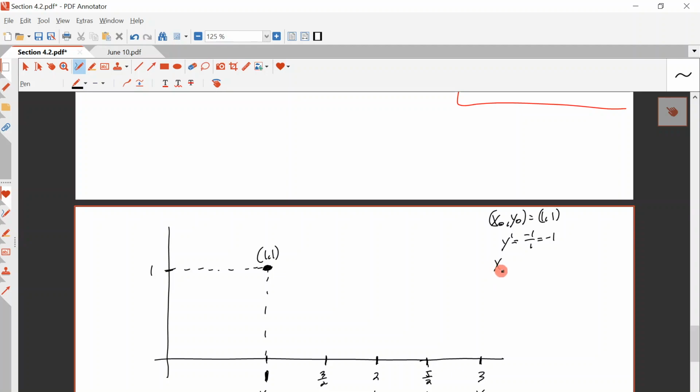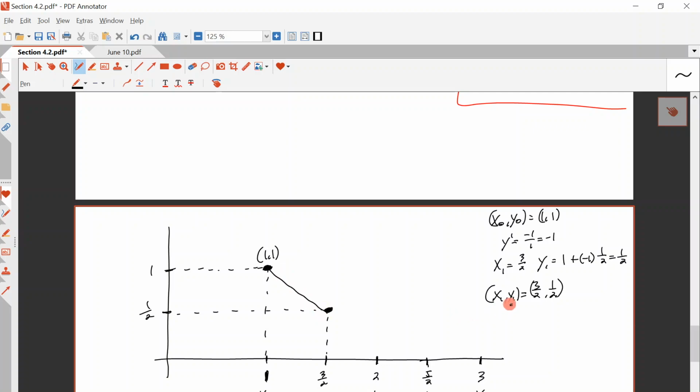So now x1 is equal to 3 halves. And then y1 is equal to y0, which is 1, plus the slope times delta x, which is a half. So 1 minus a half. So that's equal to 1 half. So x1, y1 is equal to 3 halves, 1 half. So here's a half right here. Joining these 2 points by a straight line gives us an approximation to the solution.